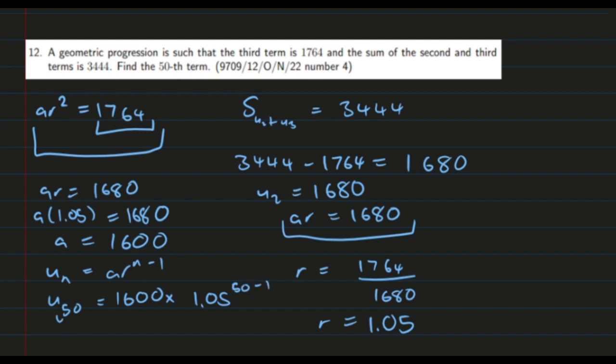Punch this into the calculator: 1600 times 1.05 to the power of 49 gives us 17,474, which is 17,500 correct to 3 significant figures, and that's our final answer.